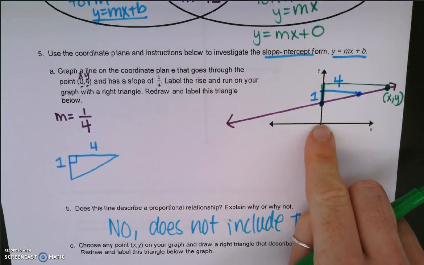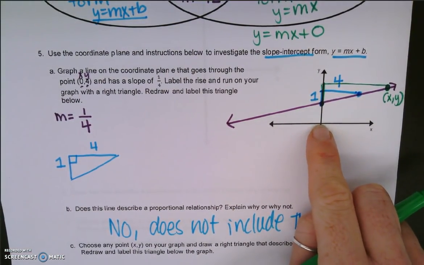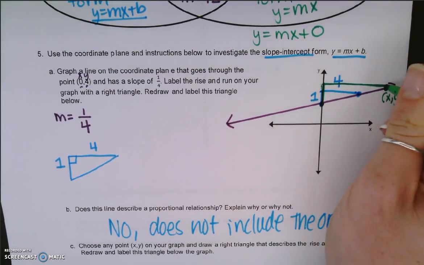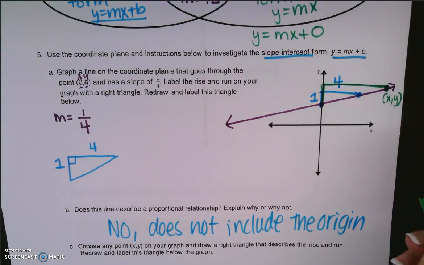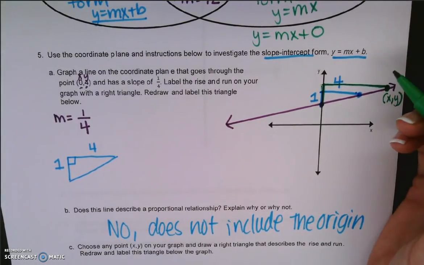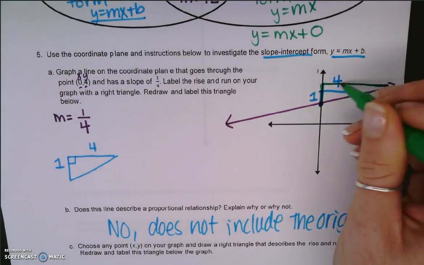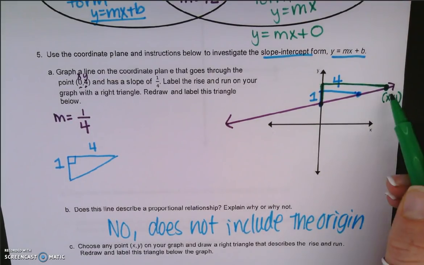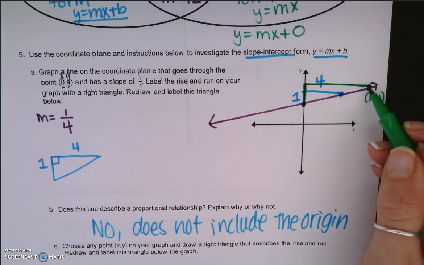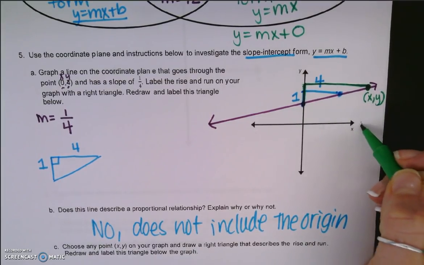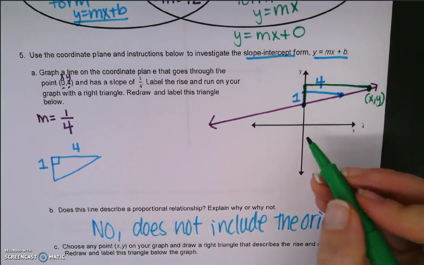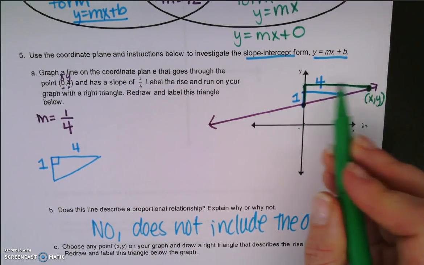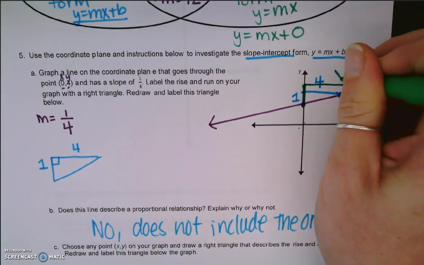Notice if you went all the way down to your y-axis, you're not making a right triangle on your line to show the slope. You're just making a weird triangle on your line, which doesn't even include your line. So taking a look at my new green triangle, this x, y point corresponds because it has the x value here and the y value here. So from here to here is x, which is the same length as my run. So this is x.